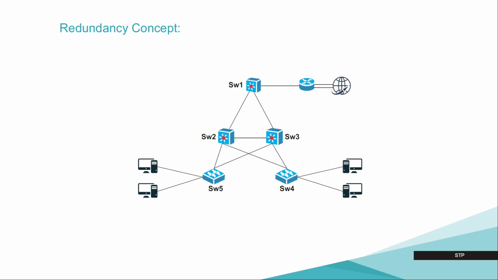Same thing for any connection between our switches. If the link between switch 2 and switch 5 goes down, the data can go through switch 3 and then go to switch 2. So imagine how important the redundant link is for companies like Google, for example.